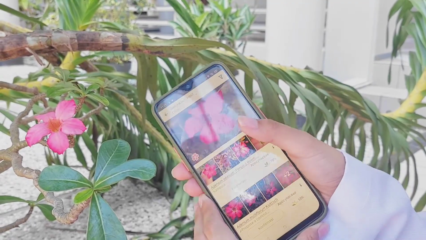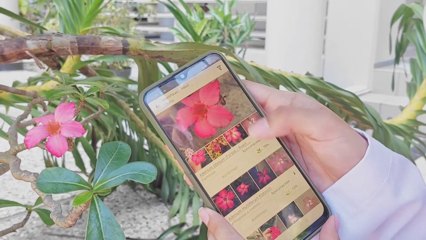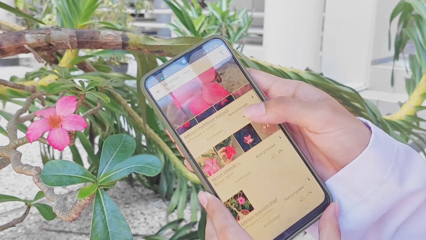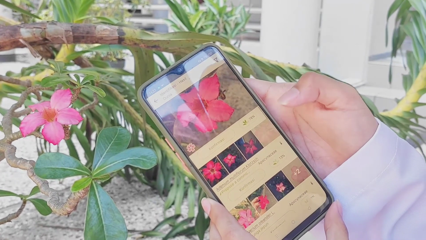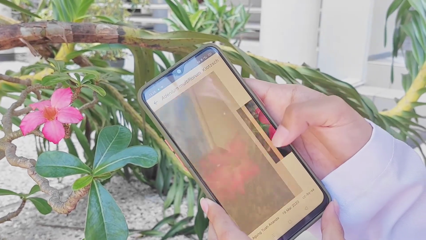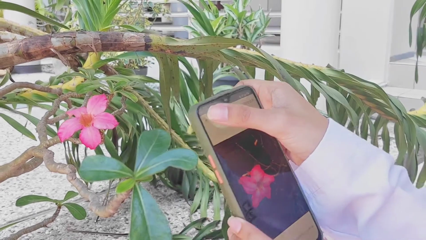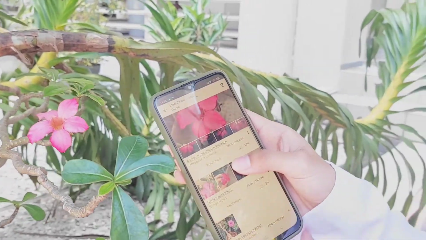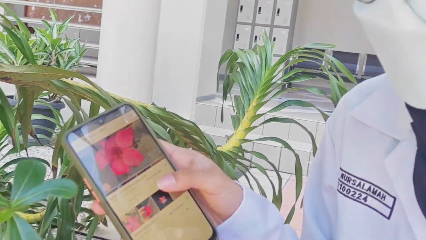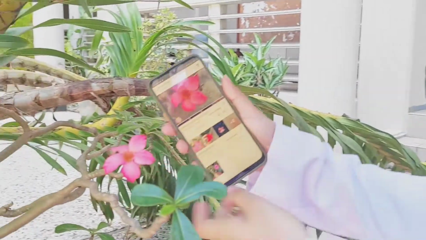The scientific name of this plant is Adenium obesum, and we can look. There are a lot of types of this flower, like this. So this application is very useful for us to identify the scientific name of the plant. And look at the flower.